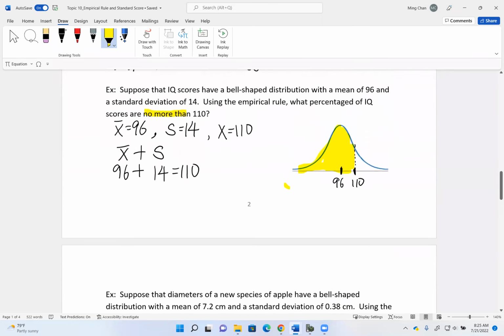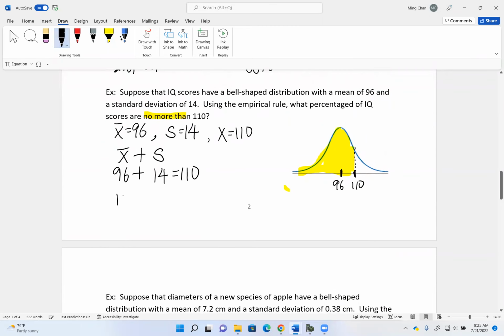So what we can do is take 100% minus what I don't want, the 16%, and the 16% comes from the 13.5 plus the 2.4 plus the 0.1%.